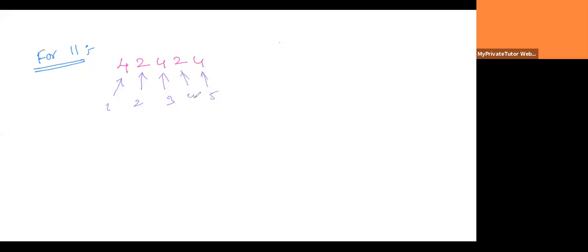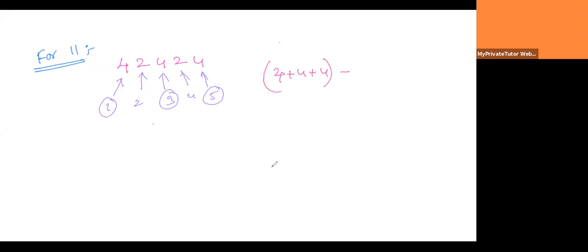So we have 5 digits. In odd places, we have 4, 4, 4 and 2 at the even places. So we just need to add each one separately. For example, 4 plus 4 plus 4. So these are the odd placed digits.